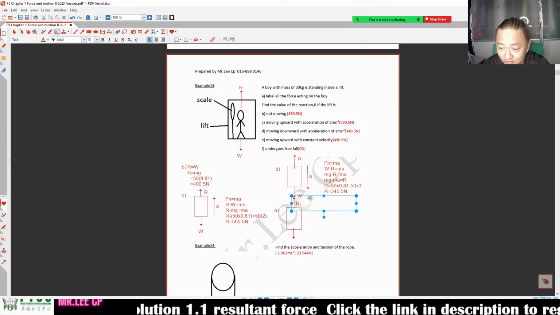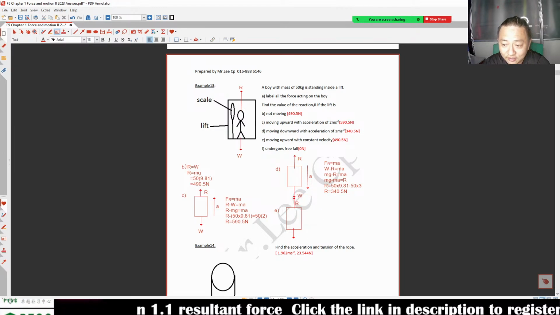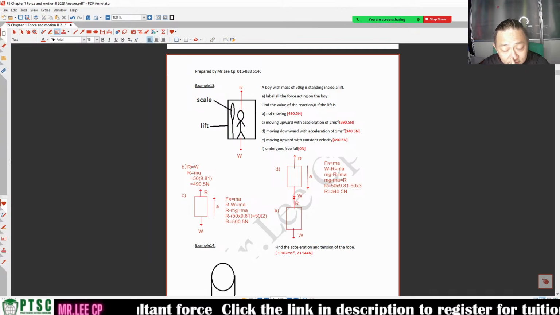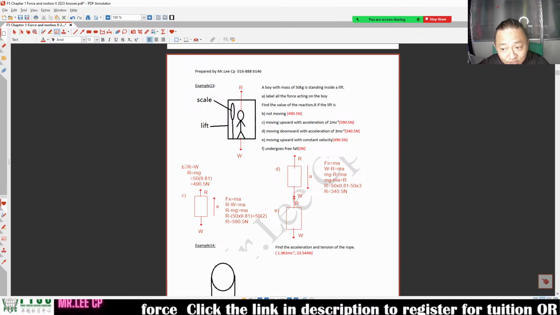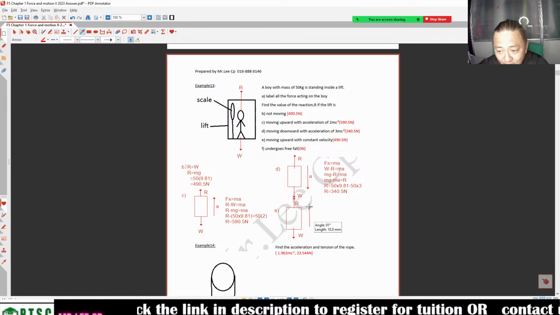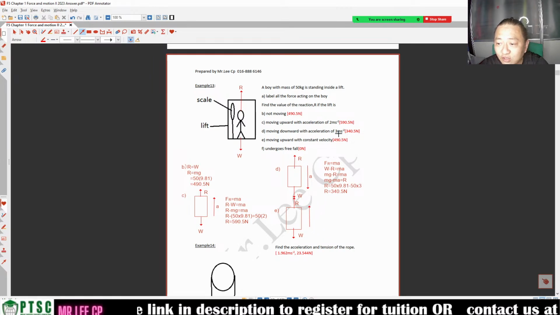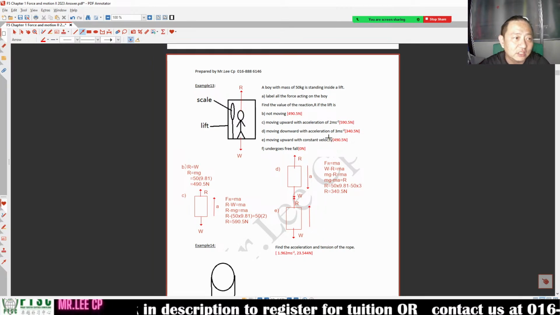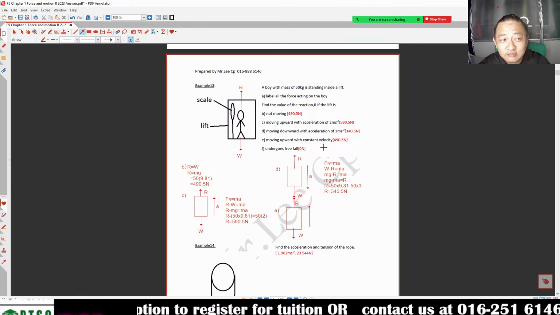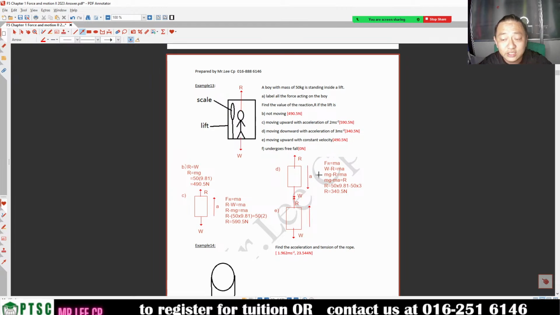This is W. And the leaf is moving upward with constant velocity. You don't need to worry what the velocity is. Constant velocity means equilibrium, meaning up and down are the same.